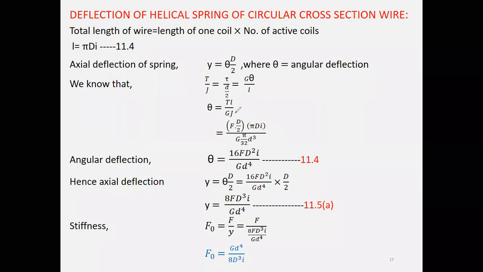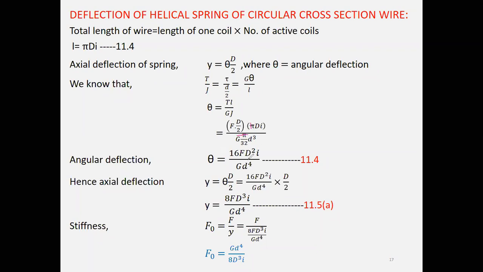Substitute the value of J here. Take this term to the numerator. It will be 32 by 2, which means 16 F D into D, that is D square into I. Pi will get cancelled.